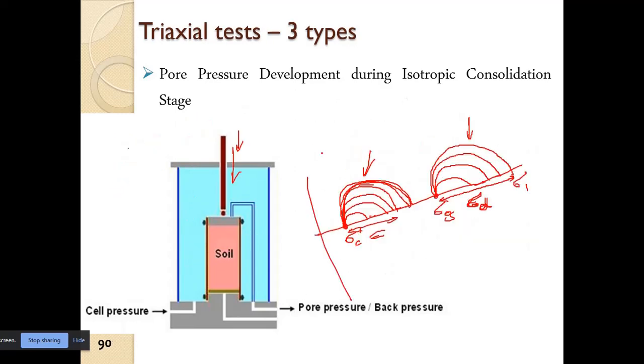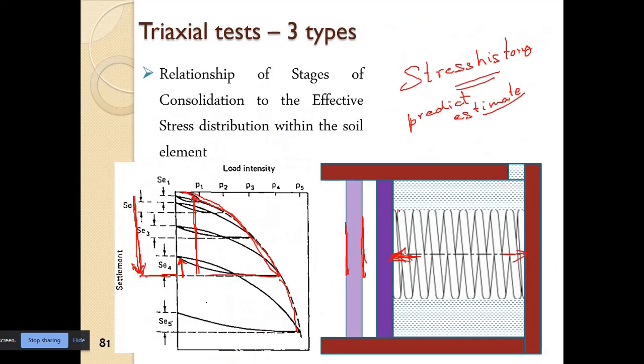All right. But then again, we will see that there is a limitation there, as we have seen in the case of the spring here. If it was a spring, it would have reverted back to the original position. But in the case of soil, it is not like that. In soil, there is a permanent deformation and there is some elastic deformation.